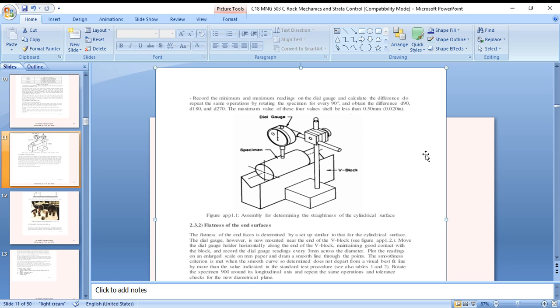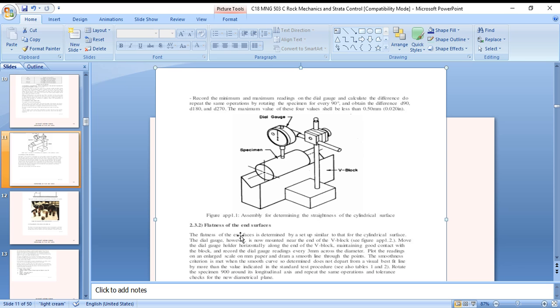Repeat the same operations by rotating the specimen every 90 degrees and obtain the differences D90, D180 and D270. The maximum value of these four values shall be less than 0.05 mm. That is the verticality.